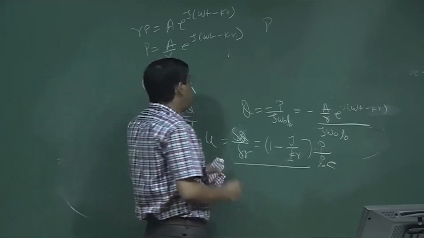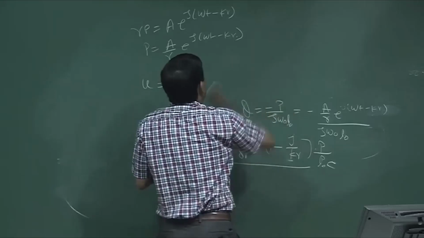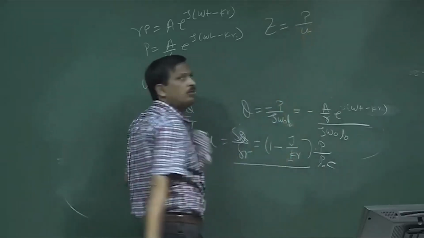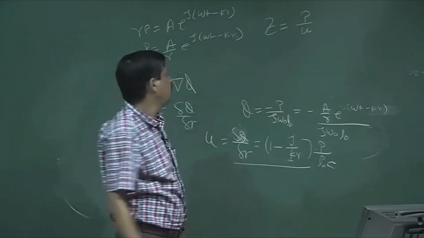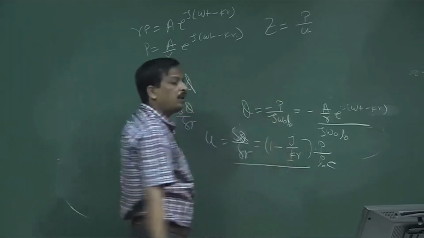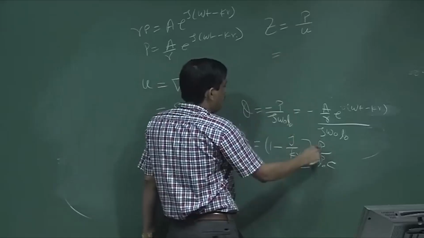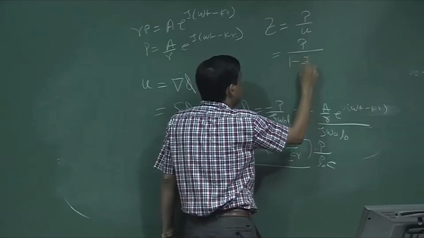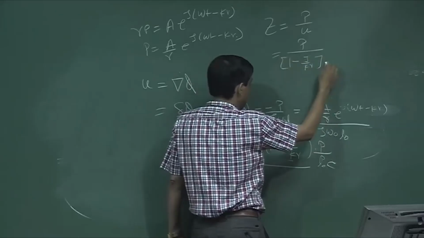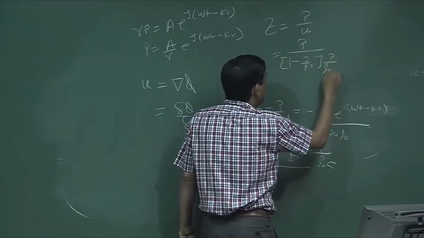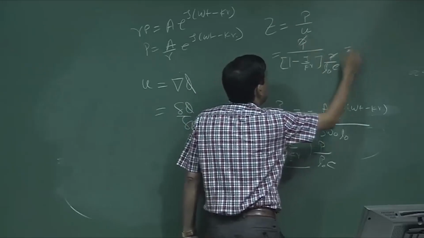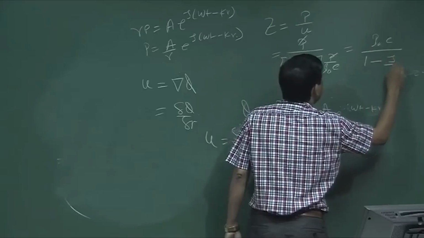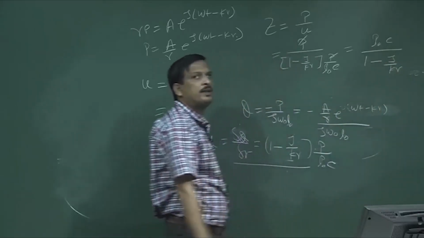So if I want to calculate the impedance Z, Z is nothing but P by U. If I calculate Z, P will be cancelled, and I will get rho 0 C divided by 1 minus j by k r.